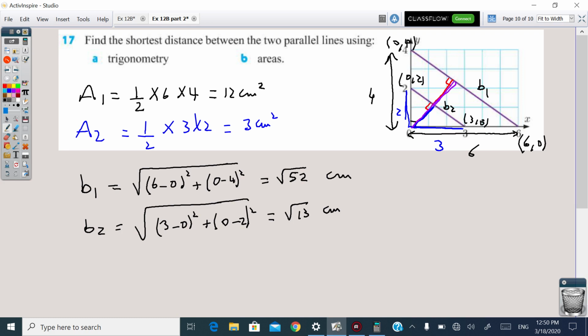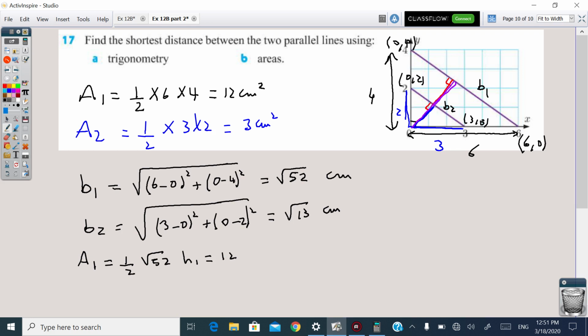So a1 is equal to half b1, which is root 52, times the height, h1, which is equal to 12.